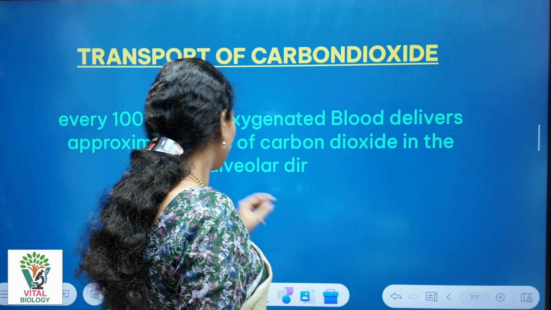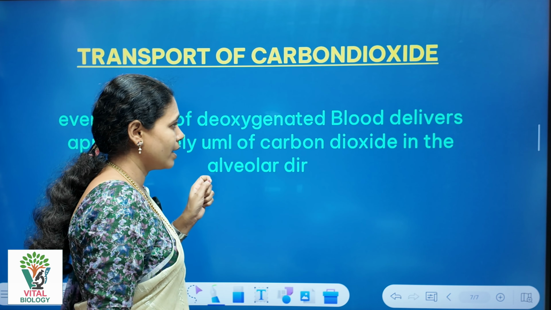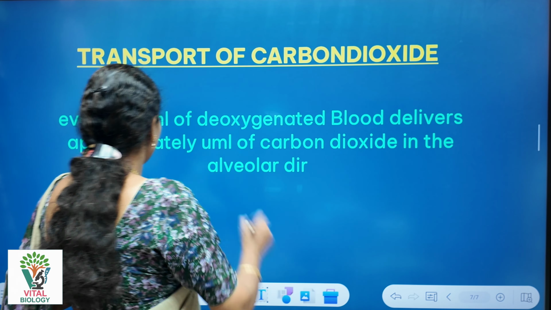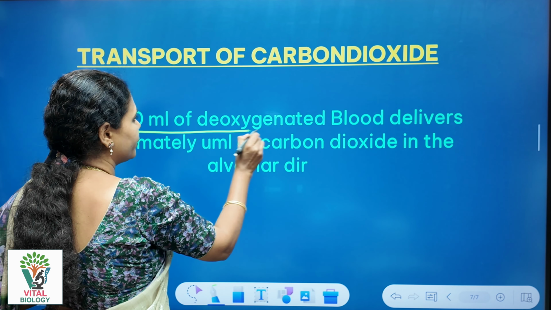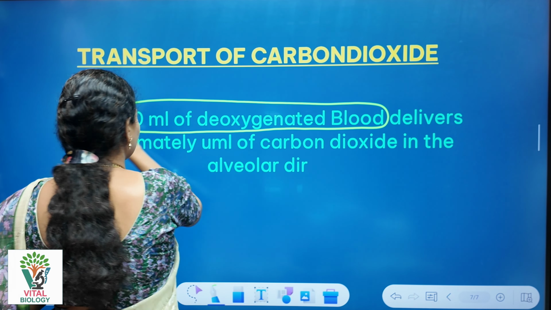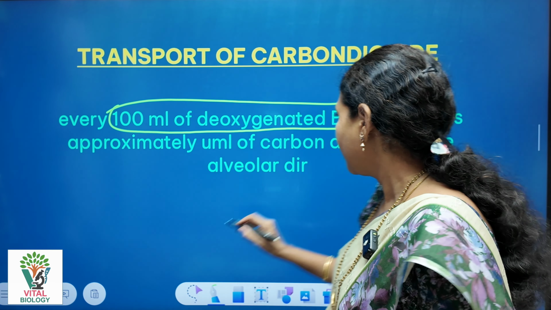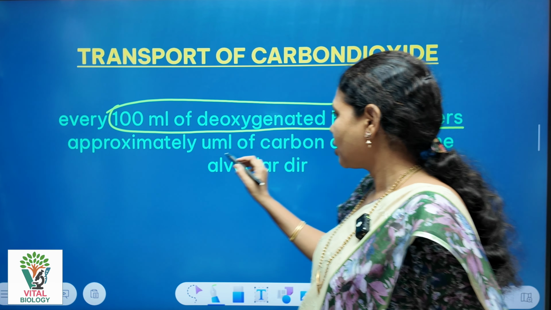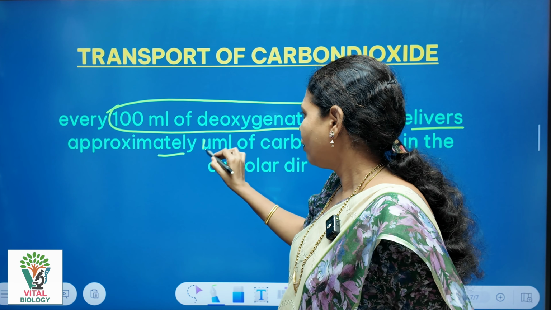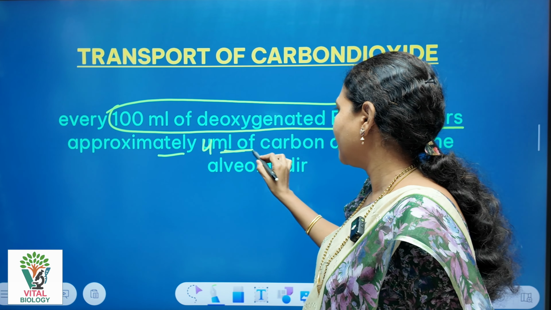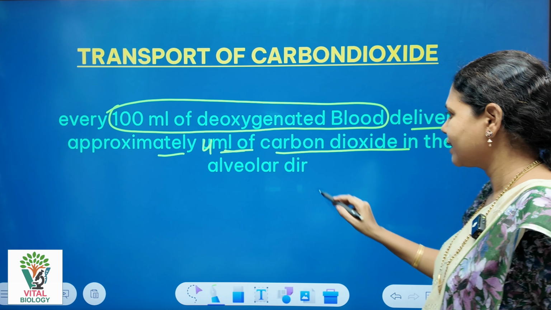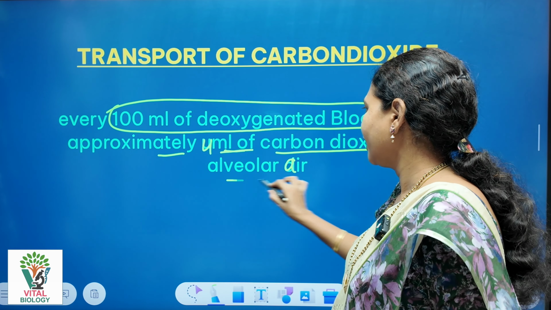And the main important thing, as a note here, is that every 100 ml of deoxygenated blood delivers approximately 4 ml of carbon dioxide into the alveolar air.